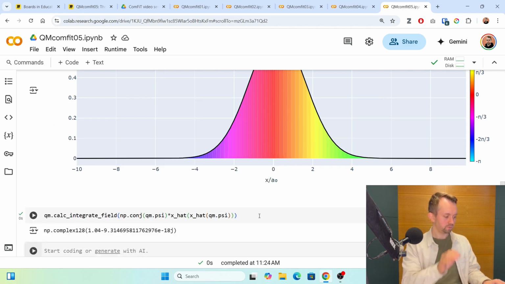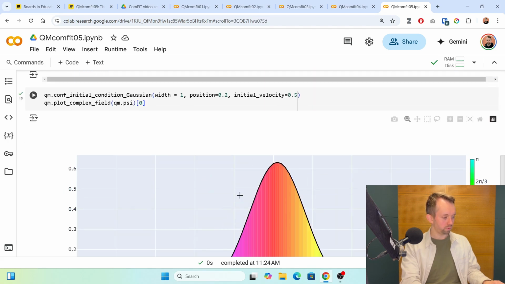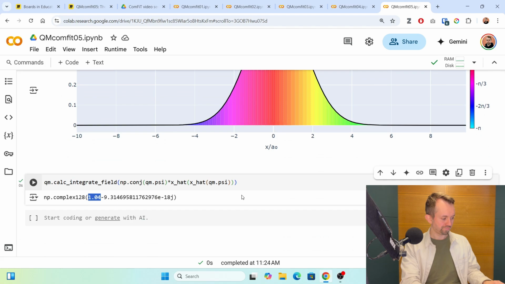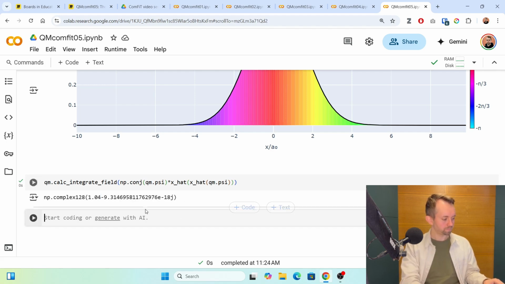And the result is 1.04, and then this additional imaginary part, which we're left with because we're using numerics, we're approximating, and therefore there's always going to be a small imaginary part, even though in theory this result should be a real number.